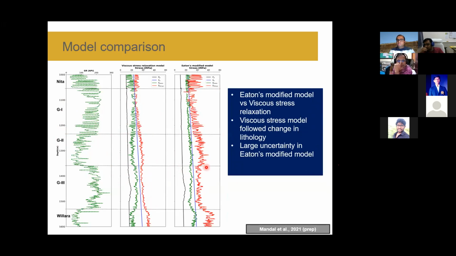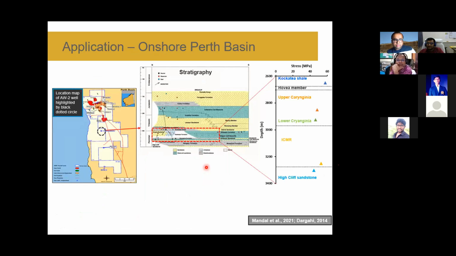And I already previously mentioned there is quite a bit of uncertainty in Eaton's model, because you need to know the Biot coefficient, you need an accurate estimation of pore pressure, and you need to know the tectonic stress component, whereas our estimated properties directly came from the laboratory data, and the only assumption is the magnitude of relative stress. This has been validated not only in this Canning basin, but in another basin.